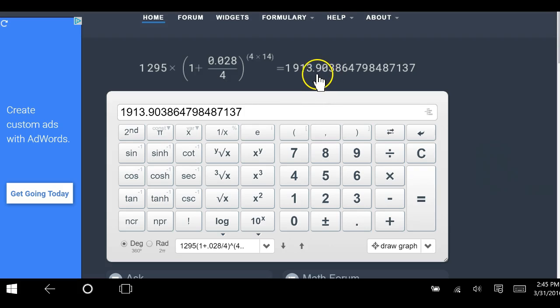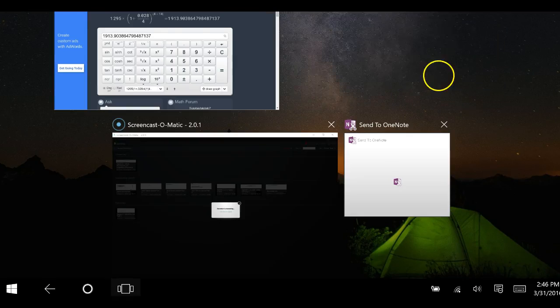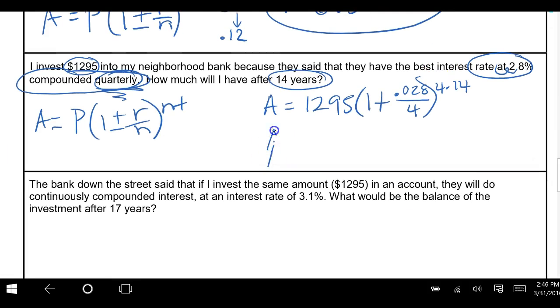The cents are 2 decimal places after the decimal. So it would be $1,913.90, because this 3 is not going to change to 0. So A is equal to $1,913.90.